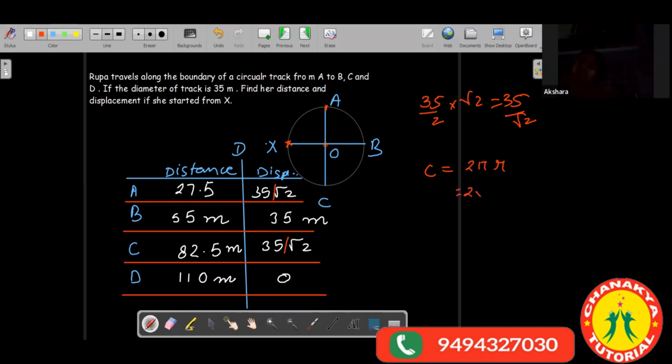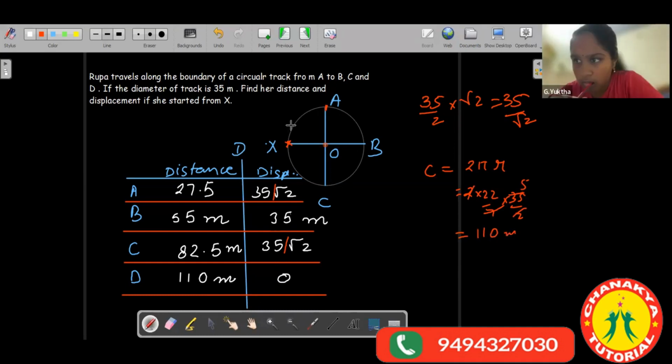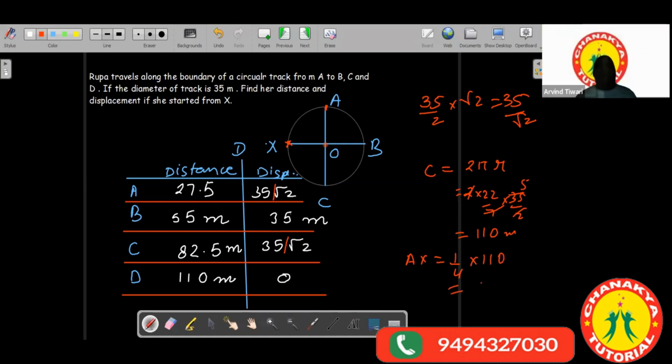So it will be 2 times 22 over 7 multiplied by 35 over 2. You get the circumference as 110 meters. So AX would be 1/4 of 110, which gives you 27.5.